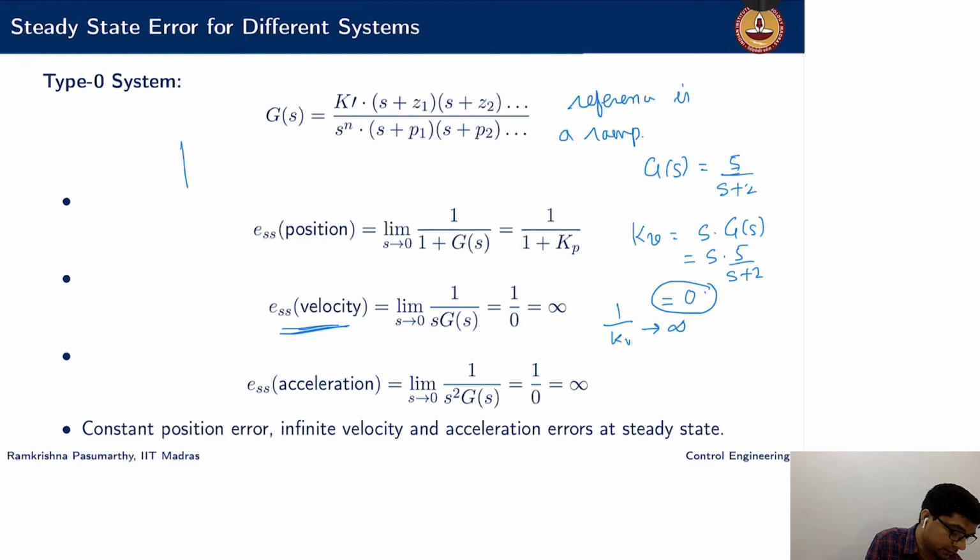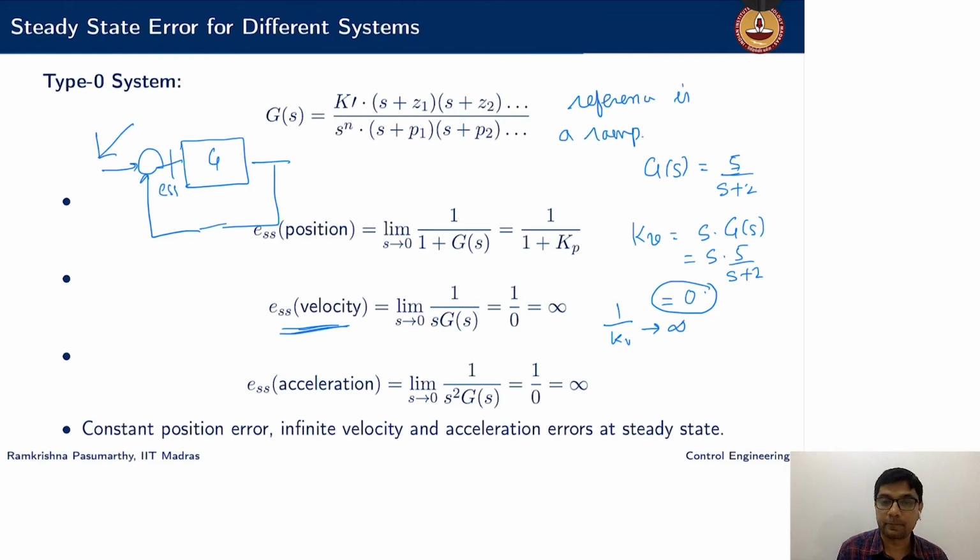So if the reference is a ramp, then this error will go to infinity, which means a type 0 system will never be able to track a velocity input and therefore also an acceleration input. Okay, so we're talking of type 0 systems, right?